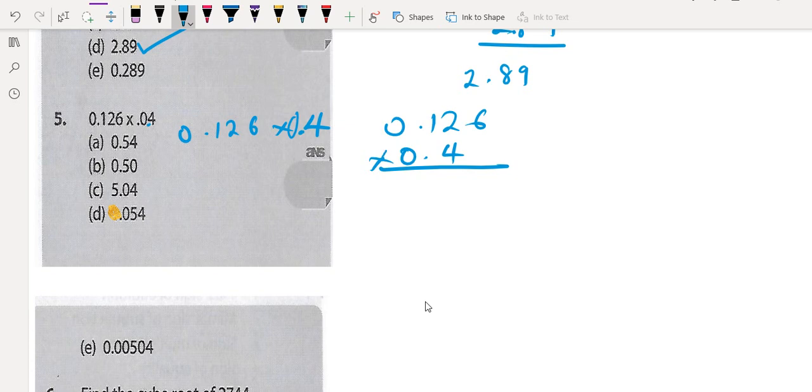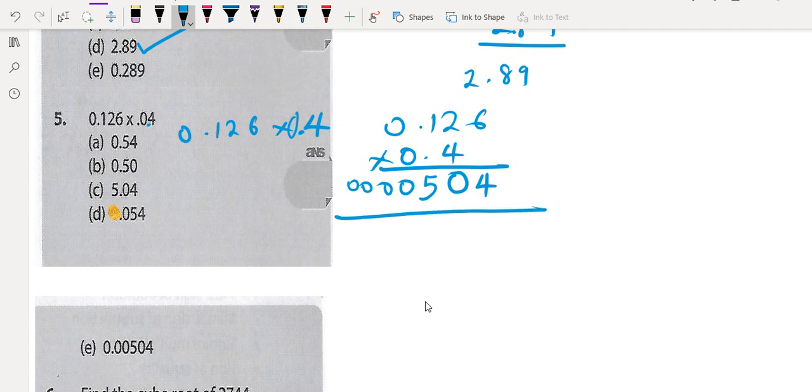4 times 6, 24. Write down 4. 4 times 2, plus that 2. Write down 0 and hold 1. 4 times 1, 4, plus that 1, 5. Okay. We can add enough zeros so that we know where to put our point. How many decimal places?